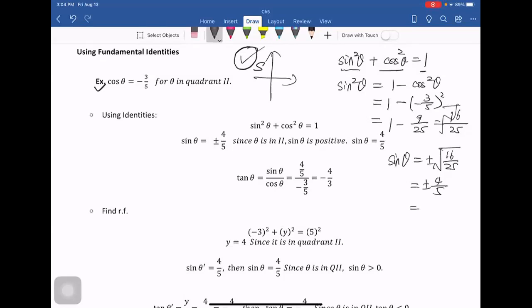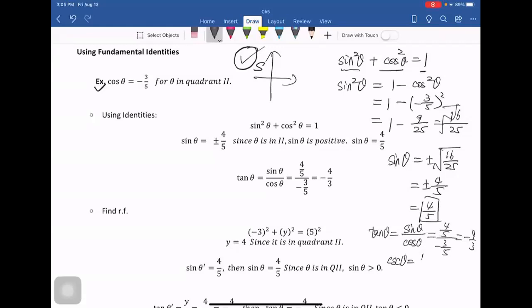So sine theta equals 4/5. This is positive. So tangent theta, using the identities, equals sine theta divided by cosine theta, that equals 4/5 over -3/5. That's -4/3.